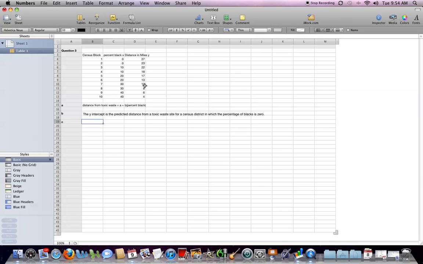He's concocted this data to fall into a very obvious pattern: on average, when you increase this column by 10%, the data in this column is going down by 5 miles. So on average, you go down by 5 miles every time you increase this by 10.